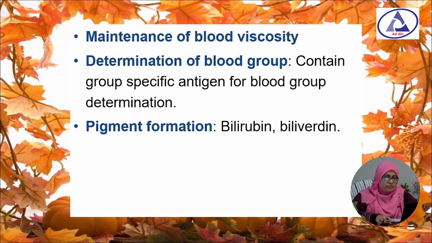Its membrane is responsible for determination of blood grouping, because the membrane contains antigens specific for a specific blood group. It is also involved in pigment formation, that is bilirubin and biliverdin. For this it is important.